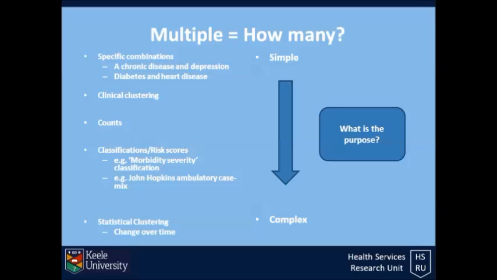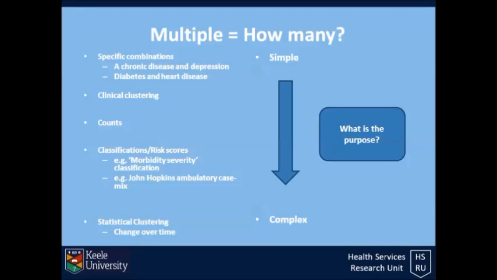As soon as you say multiple conditions or comorbidity, invariably the first question is, how many do you look at? I think there is a simple way to look at this and a complex way. In this slide, I'm going to give you a couple of examples. People have looked at specific combinations.